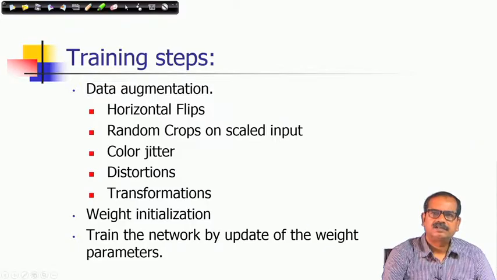There are different kinds of simulations you can do on the given input data set to generate more input data and use it for training. Then you need to initialize weights. There are different policies for initialization of weights. I will discuss that, and train the network by updating the weight parameters.